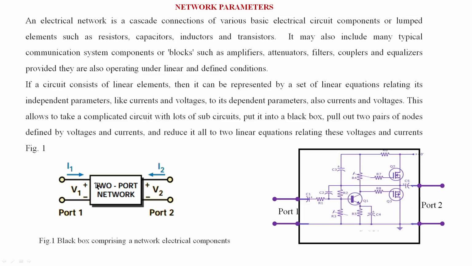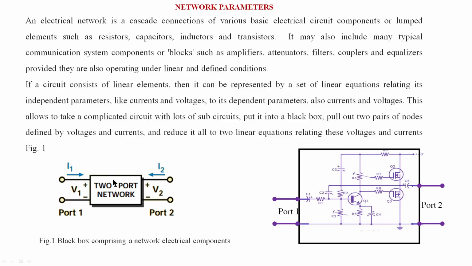So it is a network, any circuit may be represented like this. Inside this box there may be anything: an amplifier, a mixer circuit, an attenuator, a phase shifter, whatever it may be.